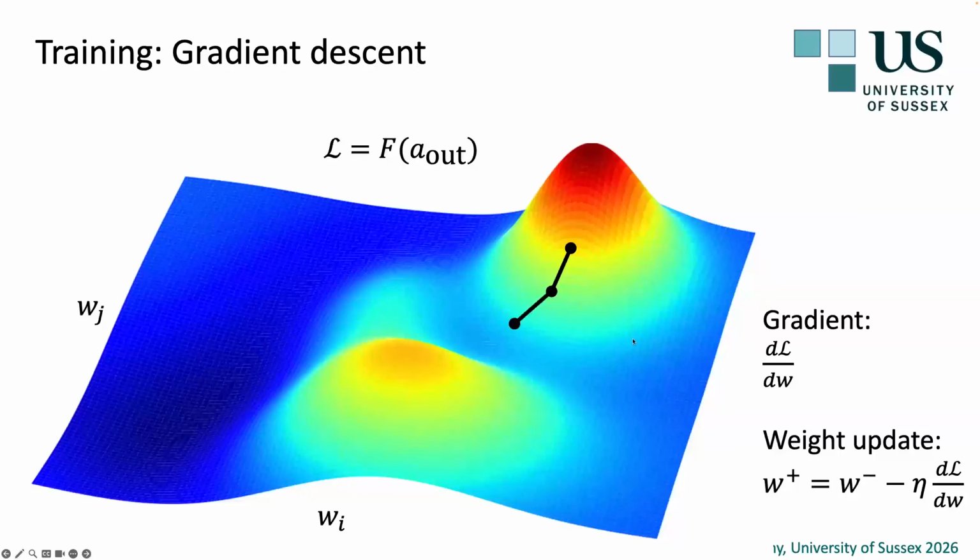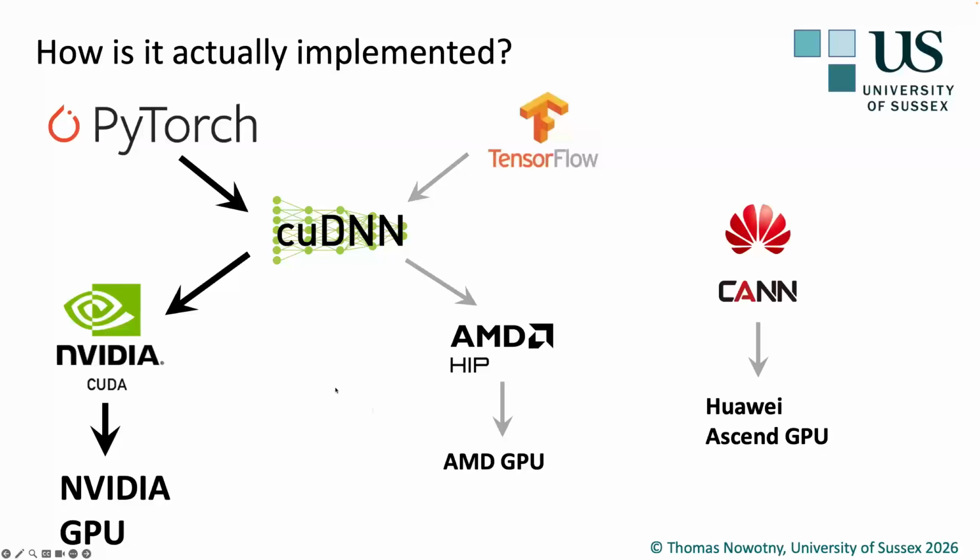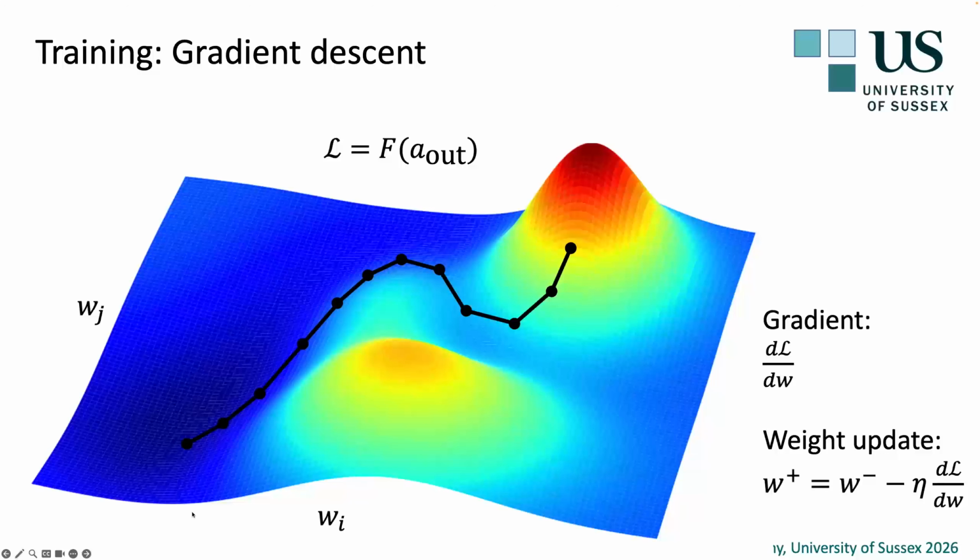If I repeat this and go step by step, then eventually I end up in a local minimum where the loss is low, meaning that the network performs very well. It will then predict these probabilities of known sentences, of known missing words, very, very well. And that's the kind of network that we then use in our foundation models.